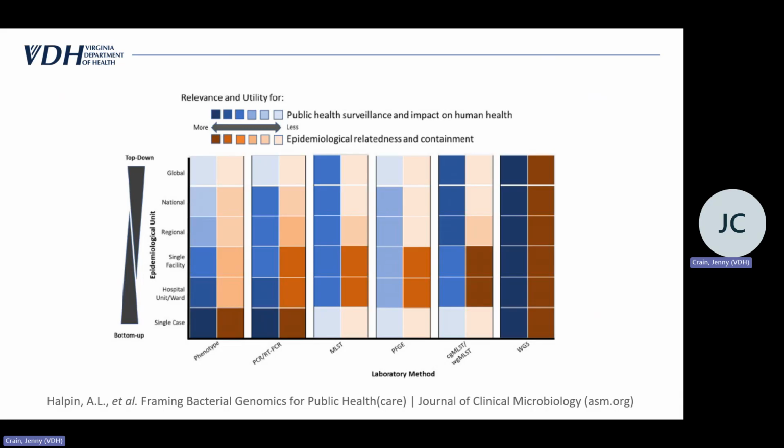And so just to illustrate this a little better, I think of the top-down approach being, say, maybe a national multi-state outbreak of an enteric pathogen that is associated with a certain food exposure, for example. And so there may be many cases that have been identified throughout a lot of the states, say 30-40% of the states, and we've identified that one specific food item is associated with that outbreak, but it's not like we can immediately limit it.